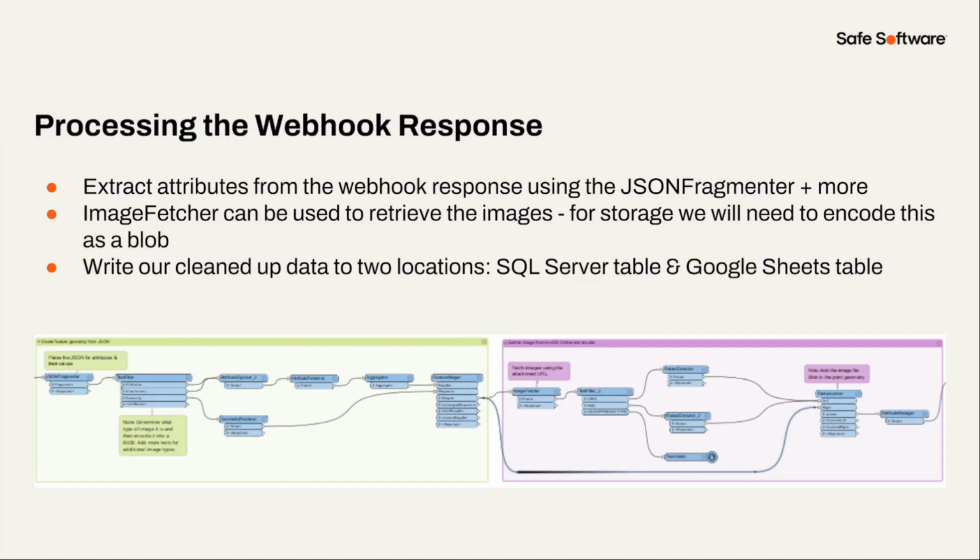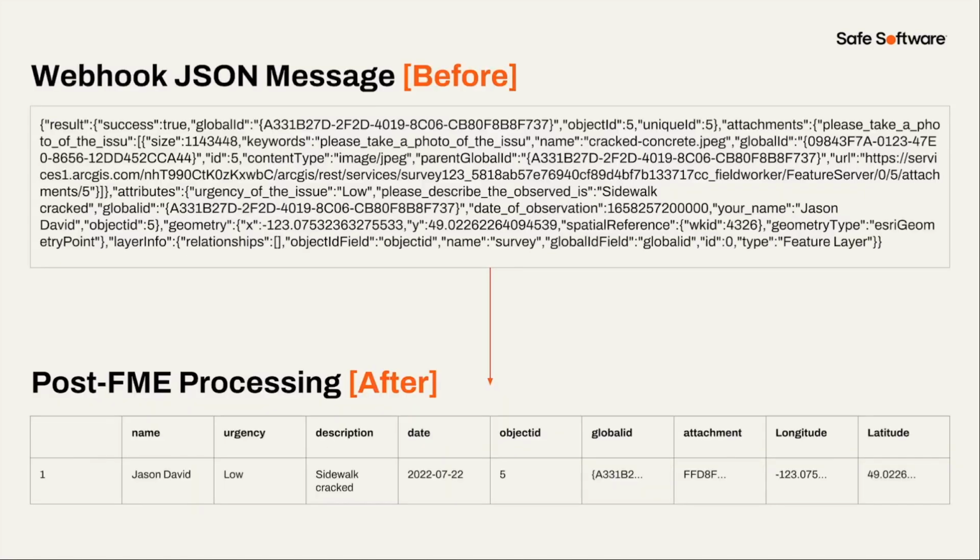We can then write that cleaned up data to two locations, our SQL Server table and our Google Sheets table. Here's a little preview of what we can expect our workspace to do. First we get that webhook JSON message, which is a set of attributes and their values, kind of like key value pairs. FME is going to process those, extracting those attributes and their values, and we'll end up with the table on the bottom there.